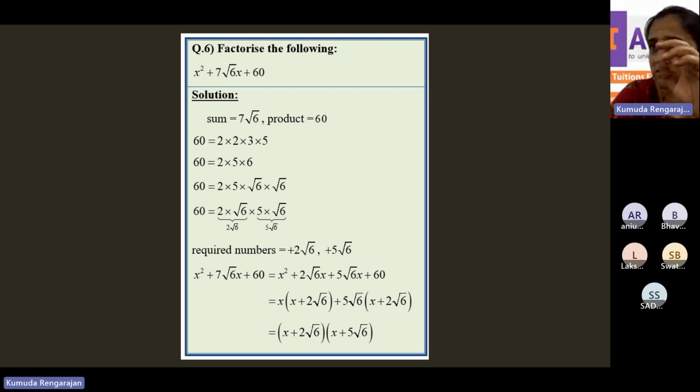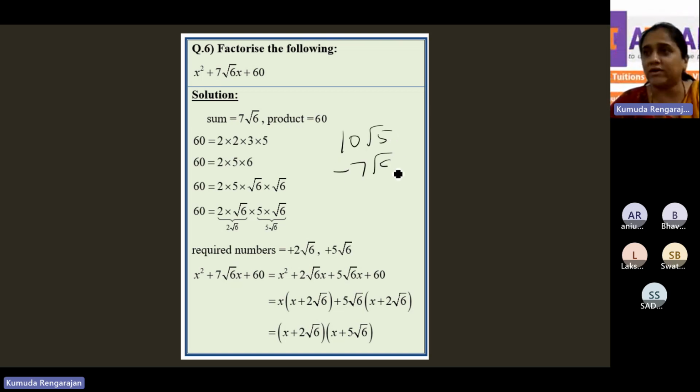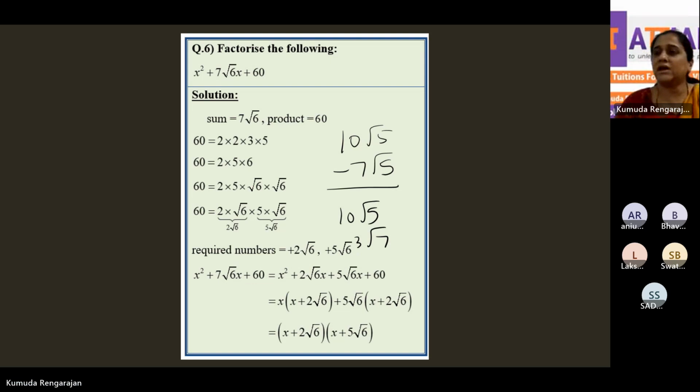And both the numbers which will be used to split the middle term must have root 5 in it. Like if you say 10 root 5, the other one also should be like minus 7 root 5. Only then you can add or subtract them. If one is 10 root 5 and the other is 3 root 7, how will you add or subtract them? They're unlike. So you cannot simplify.